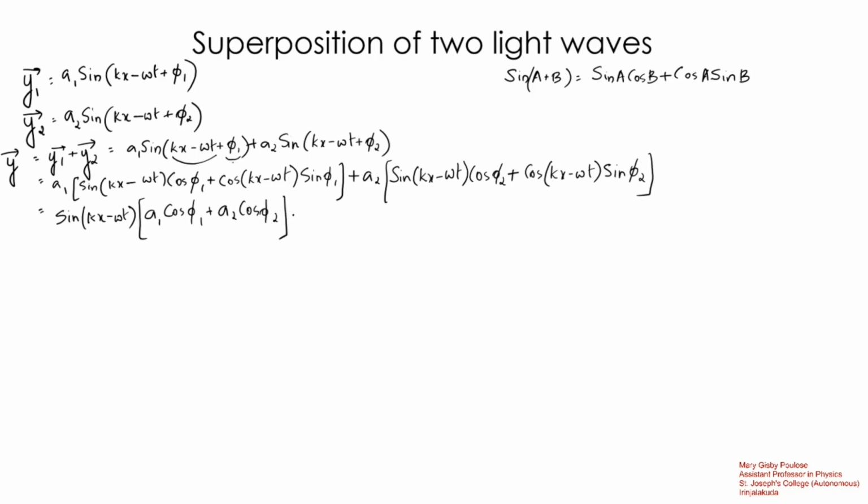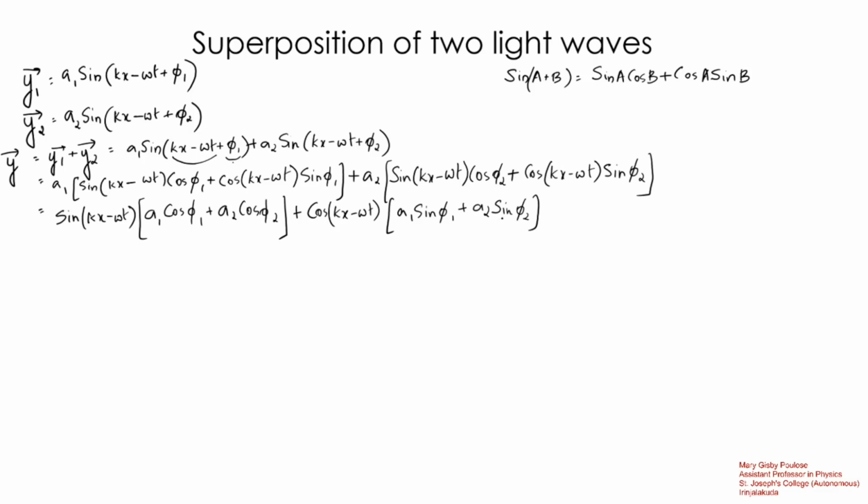The next term, cos of kx minus omega t, has the common factor a1 sine phi 1 plus a2 sine phi 2. Since we considered the superposition of two light waves, we got these two terms: a1 cos phi 1 plus a2 cos phi 2, and a1 sine phi 1 plus a2 sine phi 2.